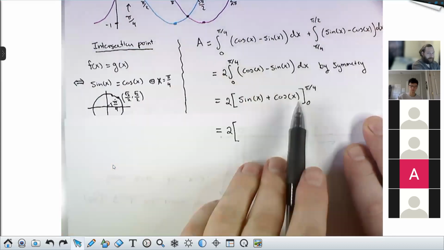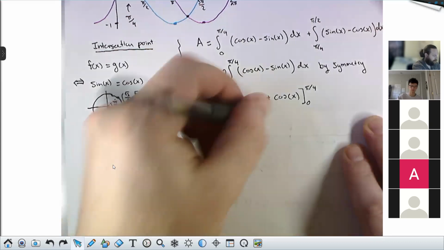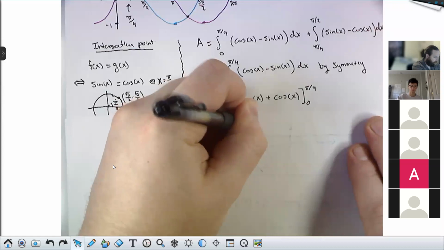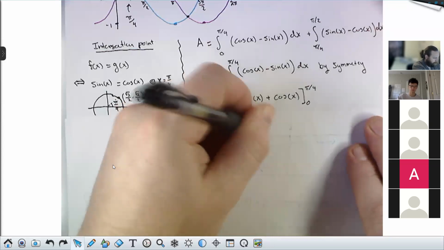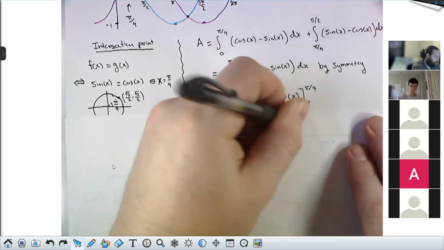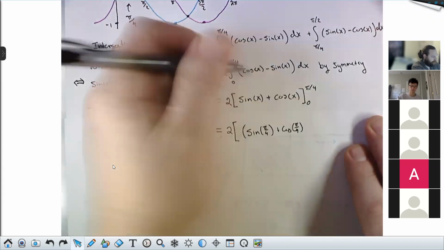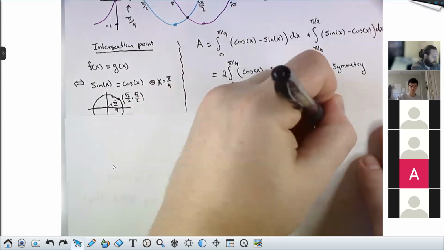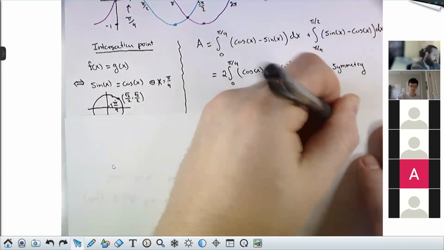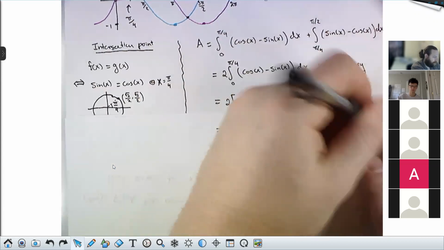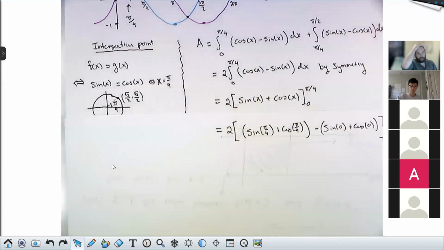If I evaluate this expression at pi over 4, I get the sine of pi over 4. I'll write it out. Plus the cos of pi over 4. And then I need to subtract what we get at 0. And I'm going to require some participation at this stage.